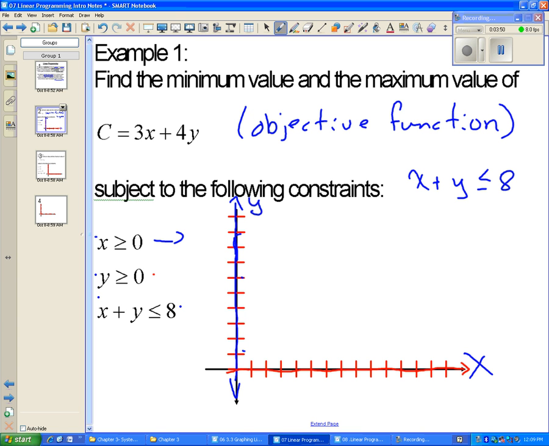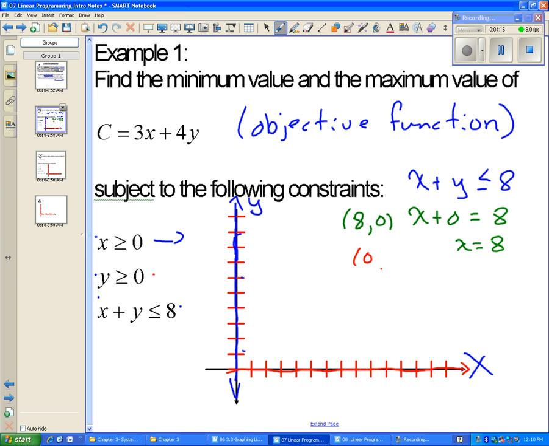First I'm going to find my x-intercept. So I'm going to let y be 0. x plus 0 is equal to 8, so x is equal to 8. That's my x-intercept.